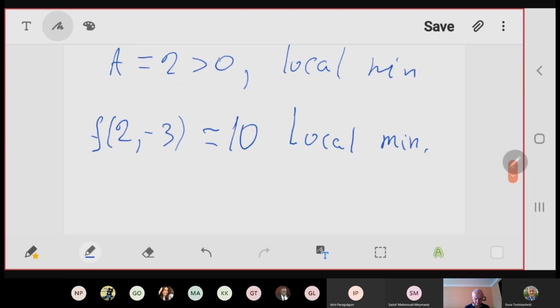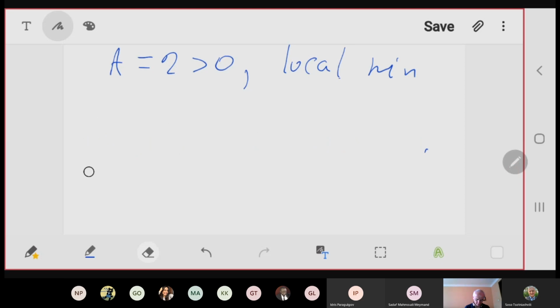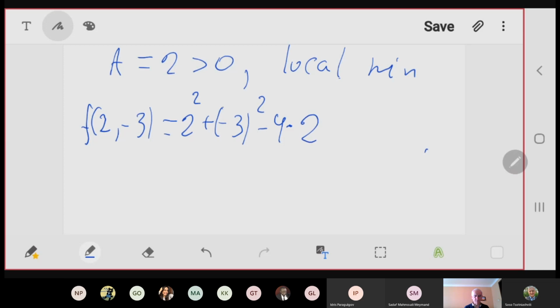So f(2, -3) in the original function means 2 squared plus (-3) squared minus 4 times 2 plus 6 times -3 plus 23.